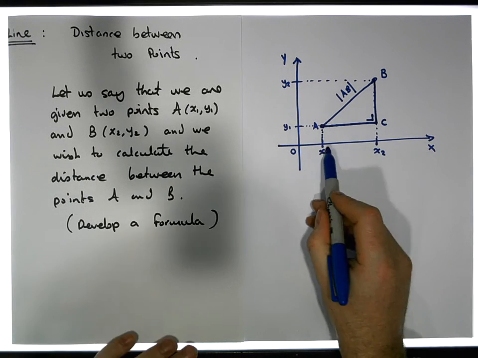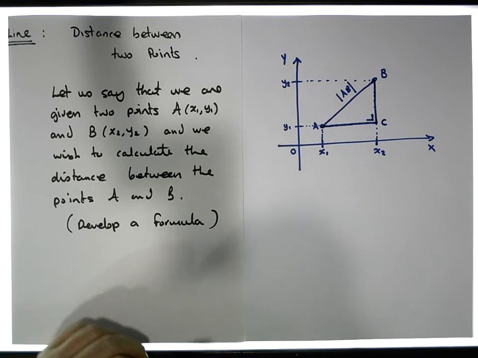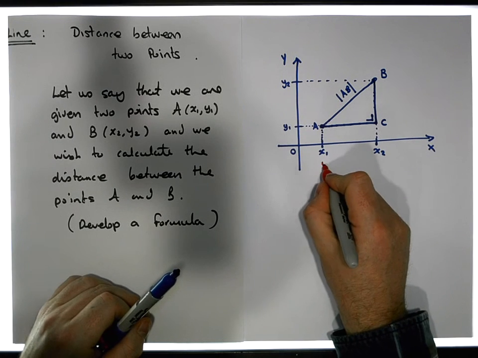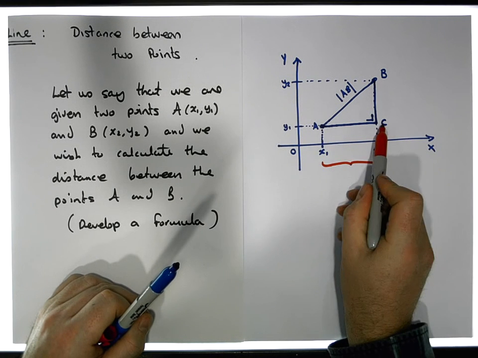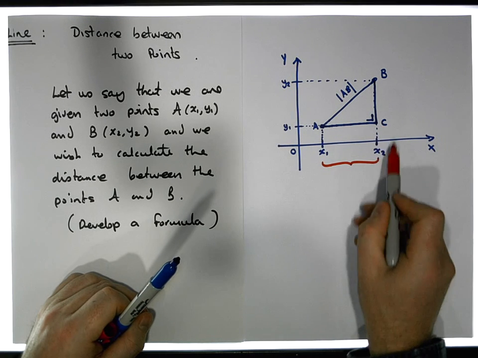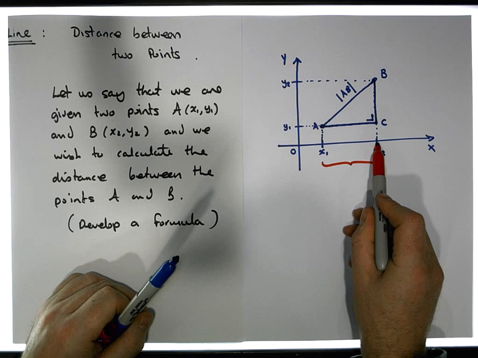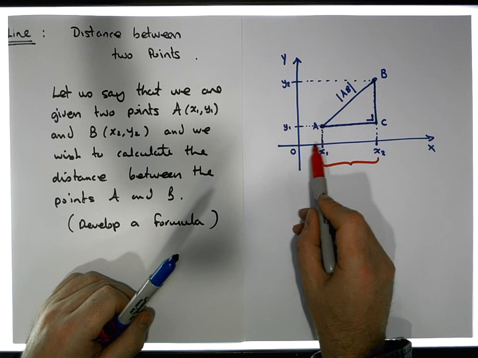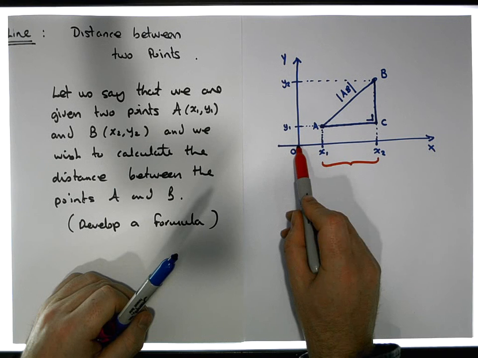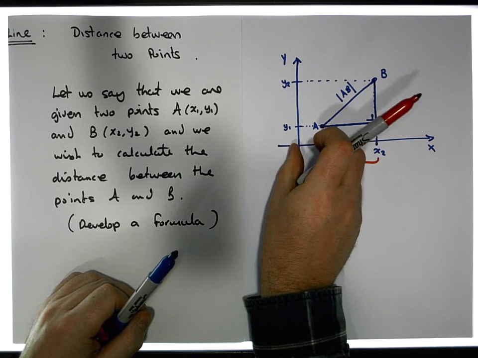Okay, the distance between A and C is effectively this distance here. Now we know that the point C is x2 units away from the origin, and the point A is x1 units away from the origin. So this distance between here and here must be x2 without x1.